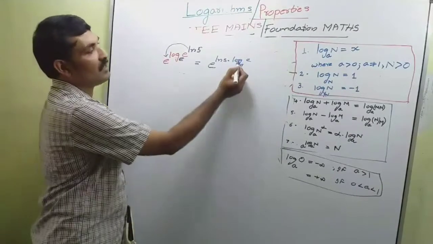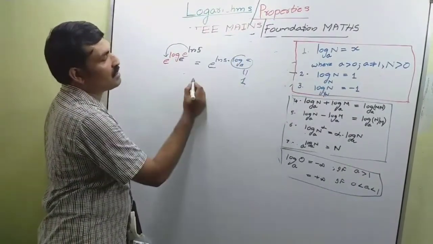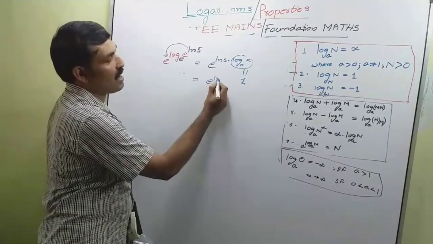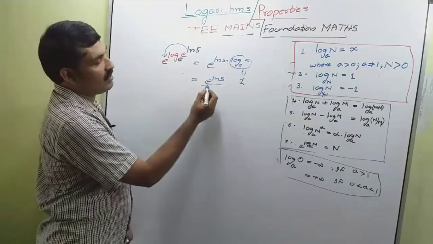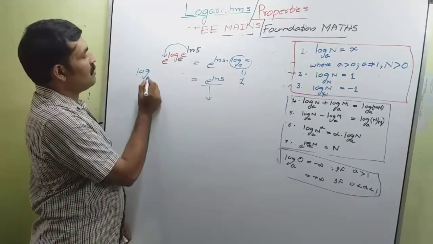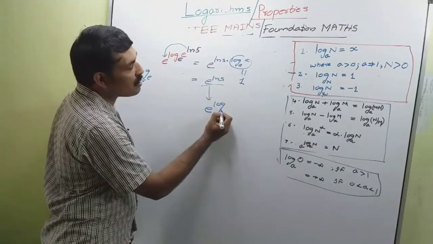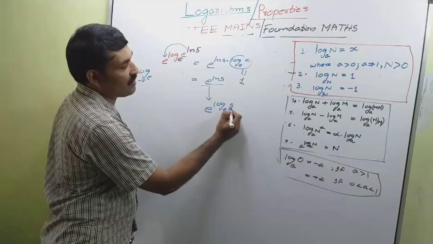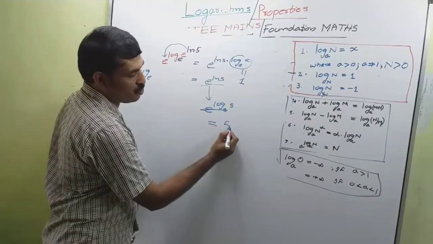The value of this log e to the base e is equal to 1. So this is equal to e raised to ln 5. That means e raised to ln 5, ln means log base e. e raised to log e base e 5. Again this e and e get cancelled. So this should be equal to 5.